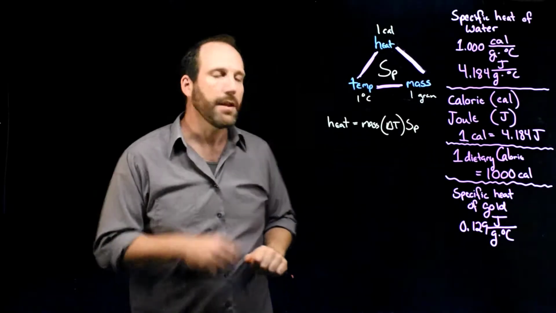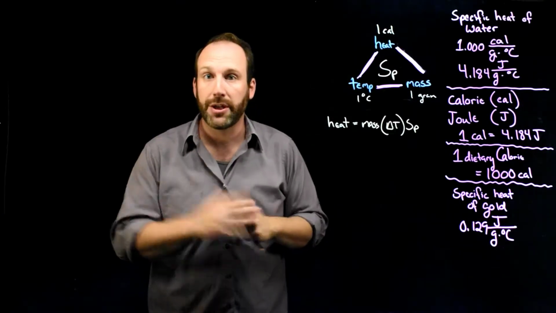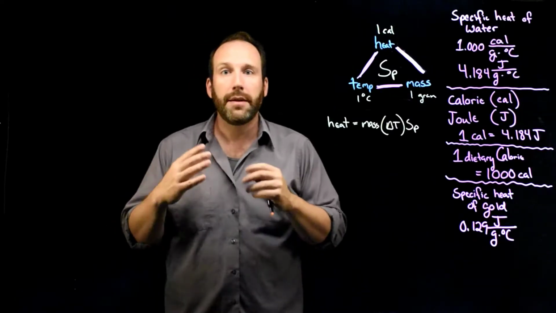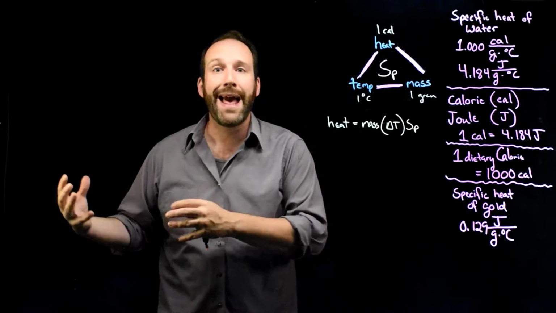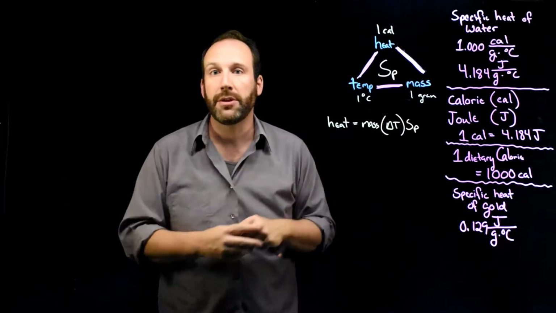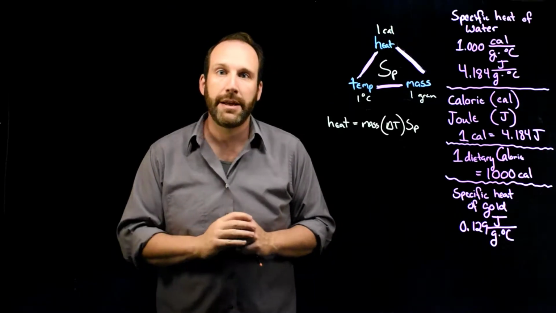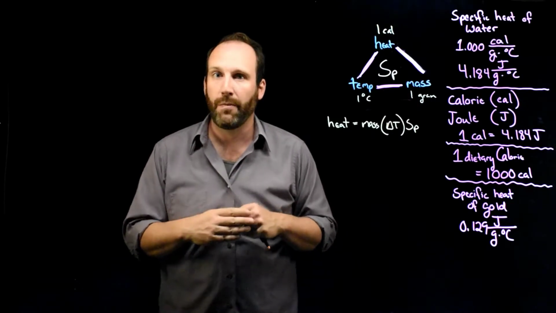Now, just one little clarification here. If you think you've heard the unit calorie before, well, you probably have. Dietary calories are what's used to describe the energy that's in a particular food item that we might consume. And I just want to make clear that that calorie that's listed on the box is a little different than what we're talking about.